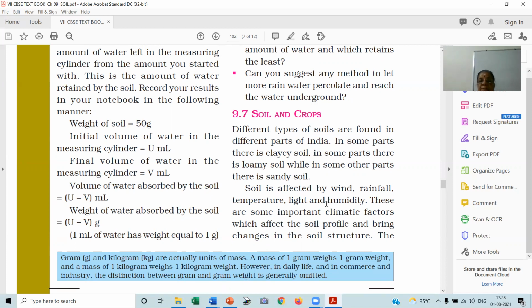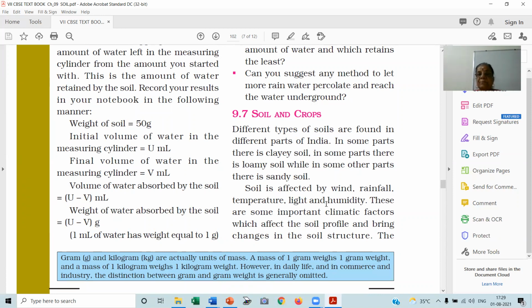A mass of 1 gram weighs 1 gram weight, and a mass of 1 kilogram weighs 1 kilogram weight. However, in daily life and in commerce and industry, the distinction between gram and gram weight is generally omitted. Just a note. Okay. Then soil and crops we have learned as assignment 15.